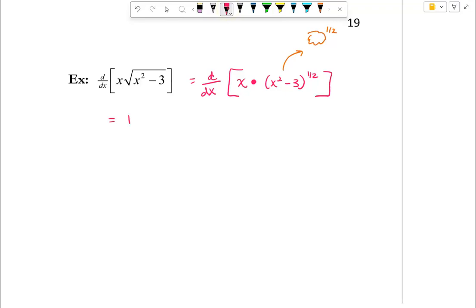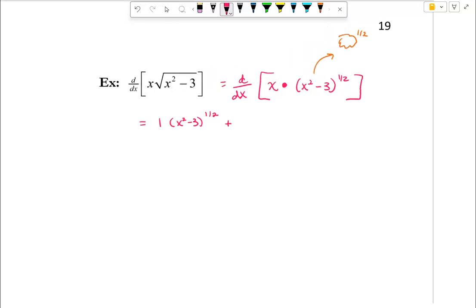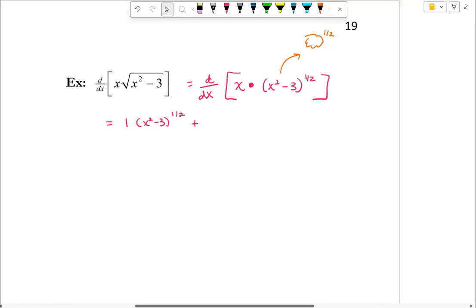Okay, so when we go to take our derivative, again, our derivative of x is just 1, and we're going to multiply that with our second factor, so x squared minus 3. Factor is probably a better word than thing, but you know what I mean. All right, we're going to add to that the derivative of our second factor, so the derivative of this junk to the 1/2 power. So again, this is where we have to use the chain rule because this piece is a composition.